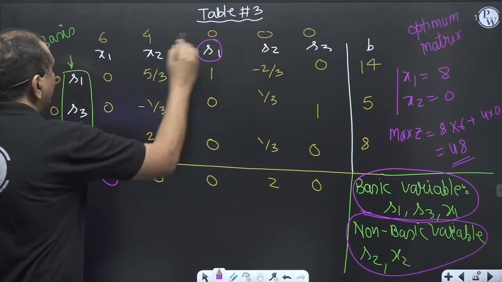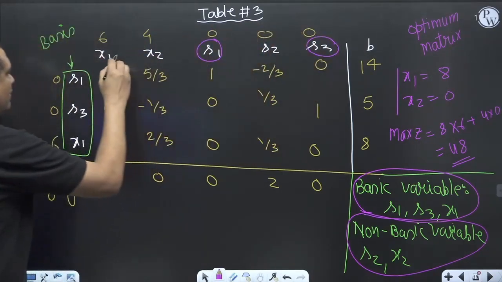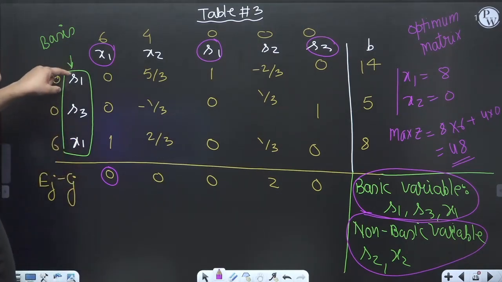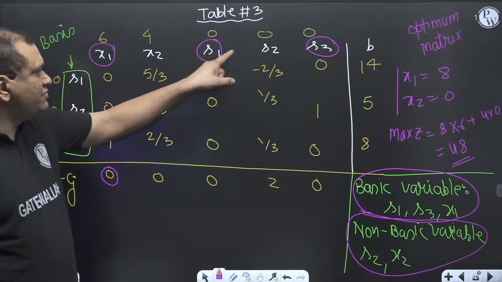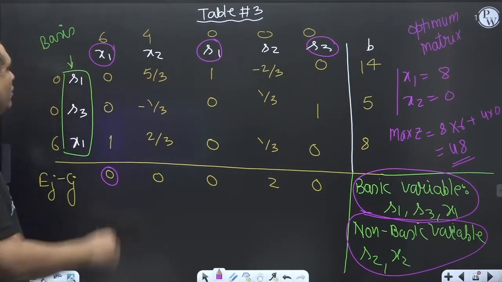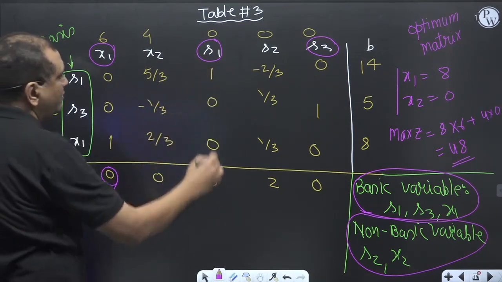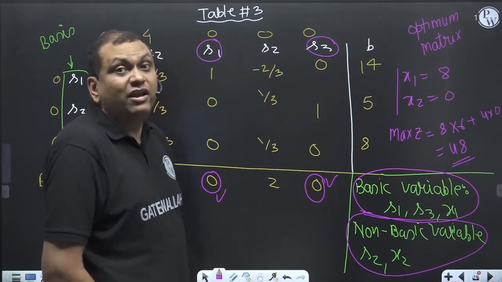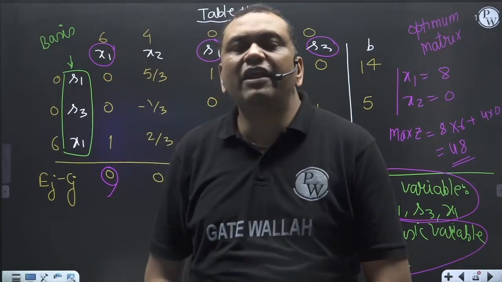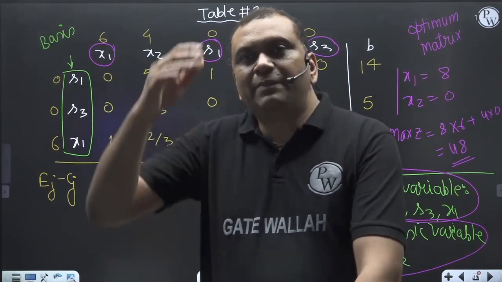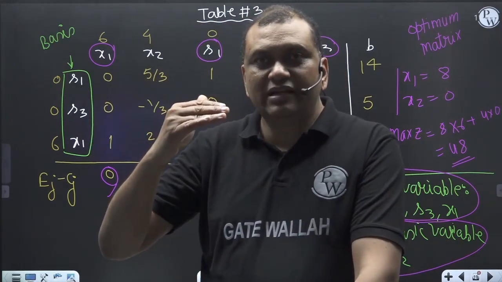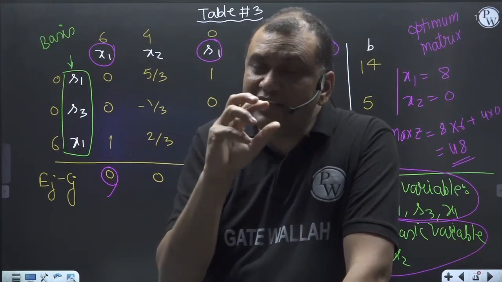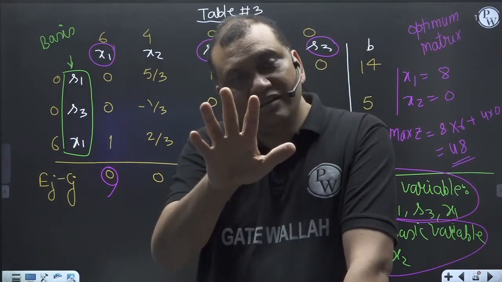S1 is a basic variable, S3 is a basic variable, and X1 is a basic variable. So below X1, 0, below S1, 0, below S3, 0. It will always happen that below a basic variable in the Cj minus Zj, there will be 0.